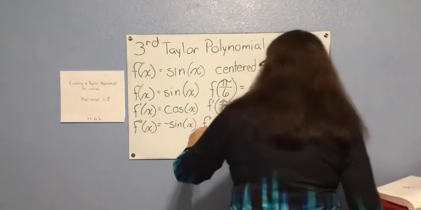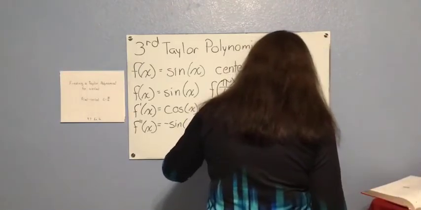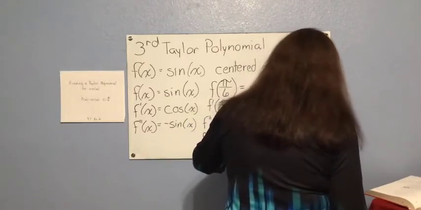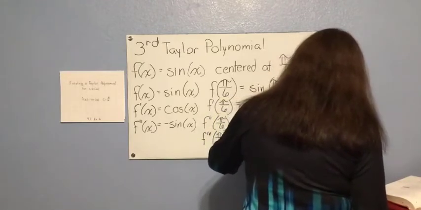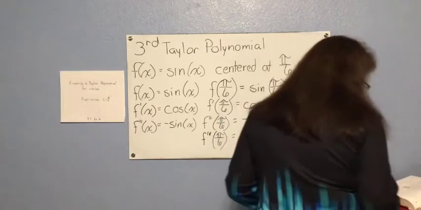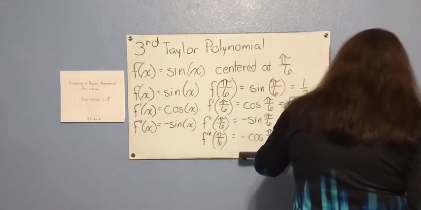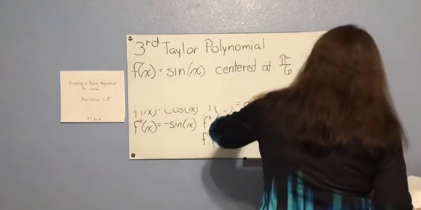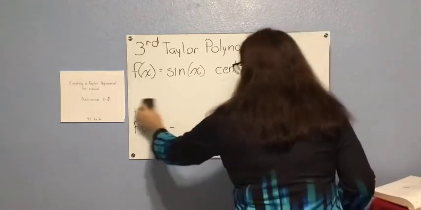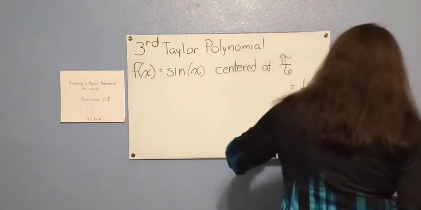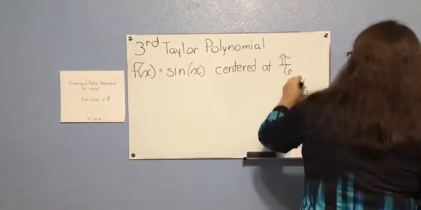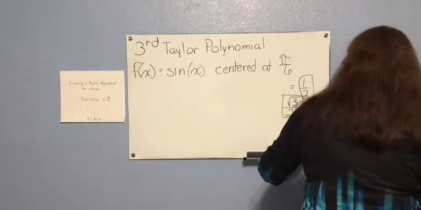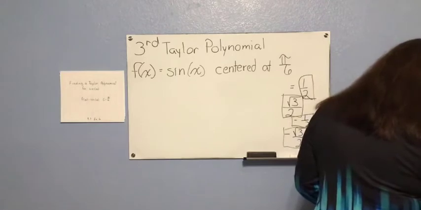And in the same way, we can find that the third derivative of pi over 6 is negative cosine pi over 6, which is negative square root of 3 over 2. So I'm going to keep just these four numbers that give me the derivatives. 1/2, square root of 3 over 2, negative 1/2, negative square root of 3 over 2.